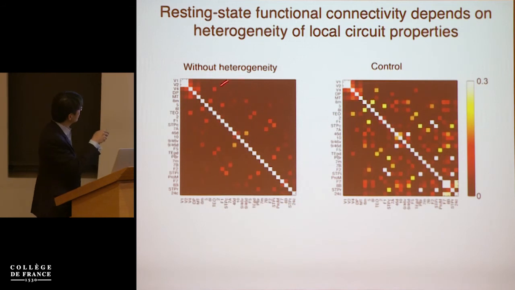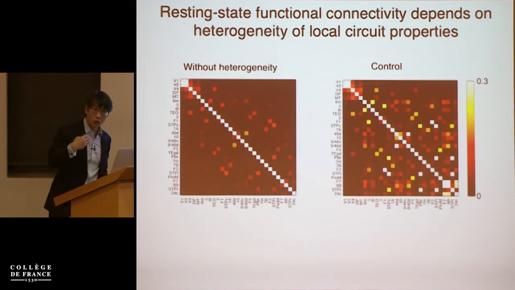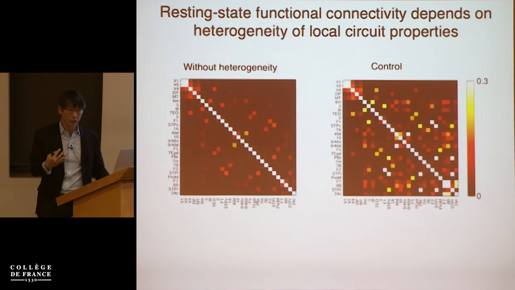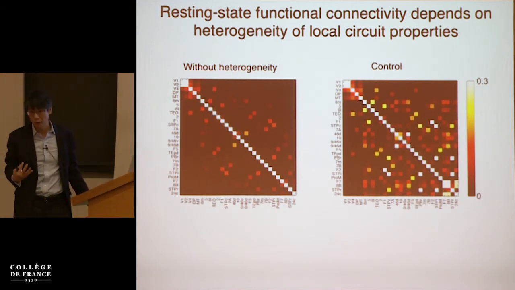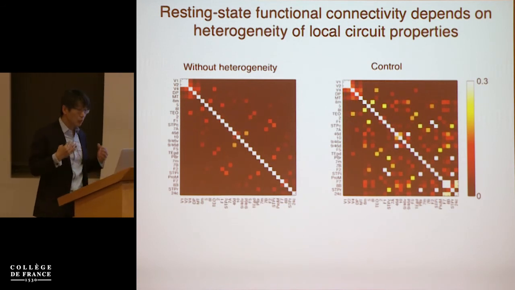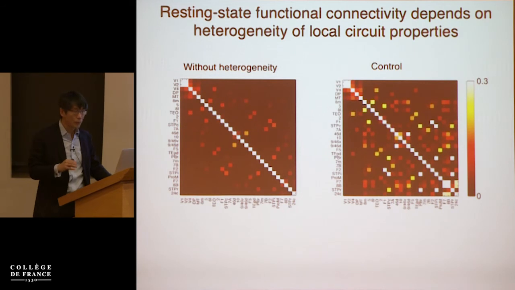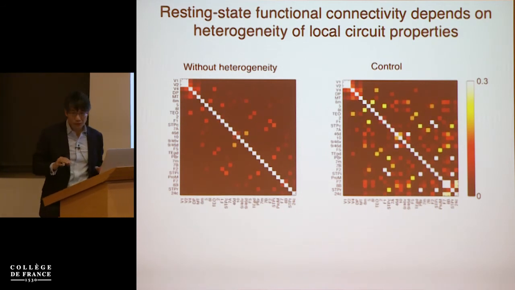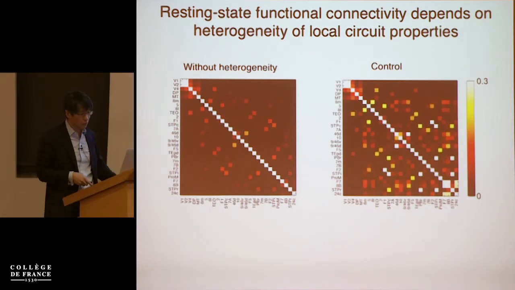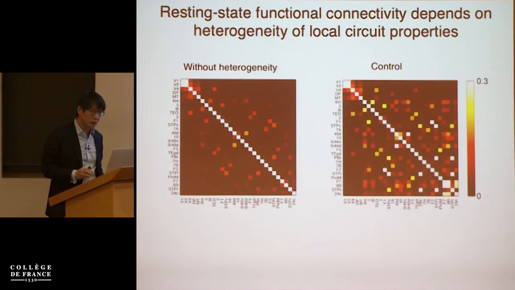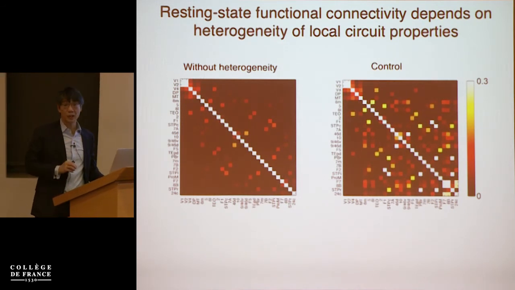I would argue that this case is actually closer to structural connectivity, because it's really dictated by a long-distance structural connectivity matrix. And people who study and analyze functional connectivity, sometimes using, say, a network science approach, implicitly think about nodes being identical.